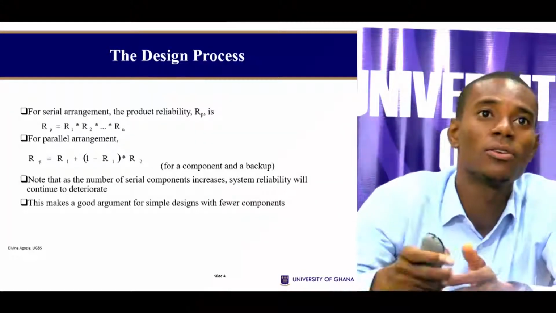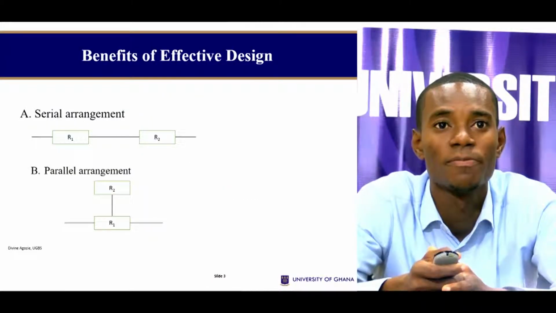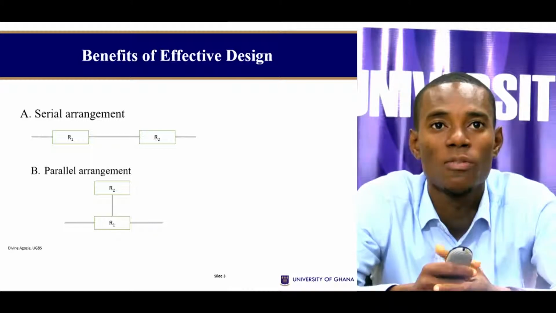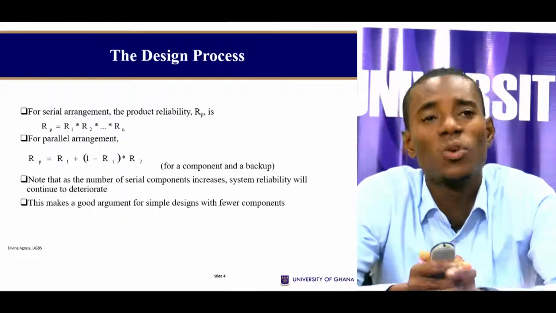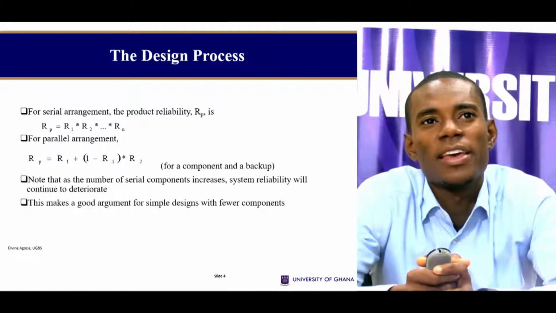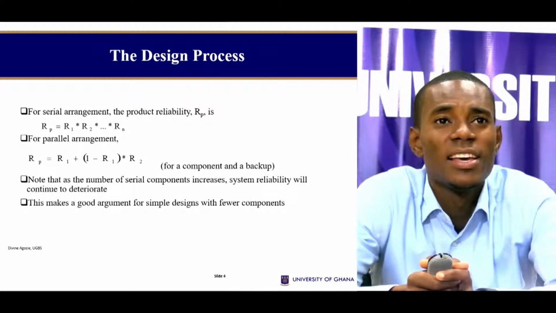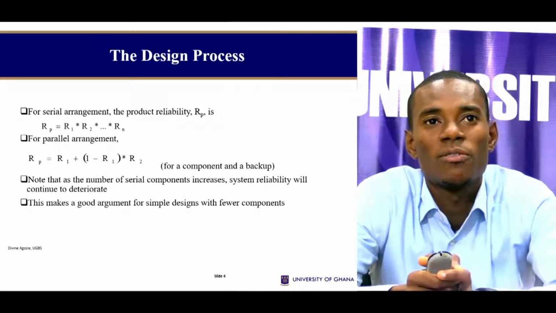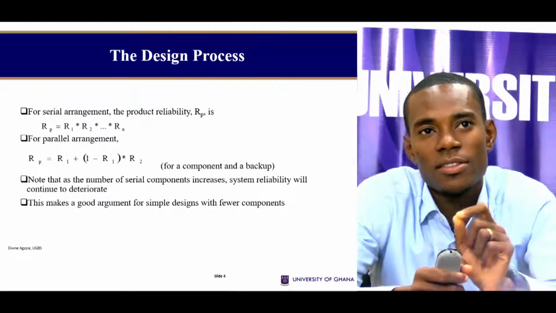That's what the parallel arrangement says. I'll go back one step for you to see this. You see it. There's R1, and on top of R1 we have R2. Coming back here, if I want to find the reliability of that product in its entirety, then what we're saying is the reliability of that product plus the chances that that product fails.